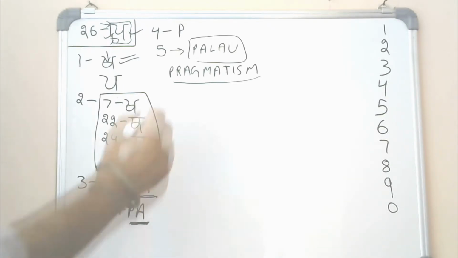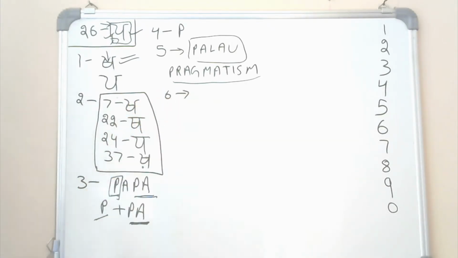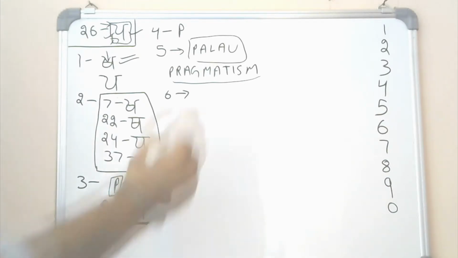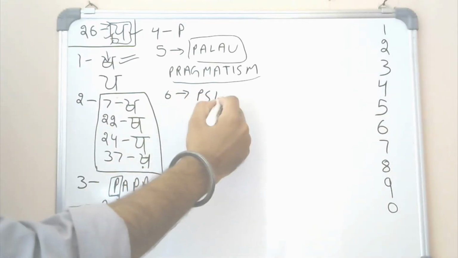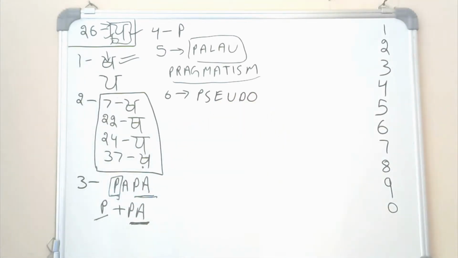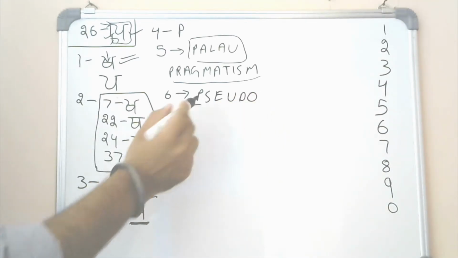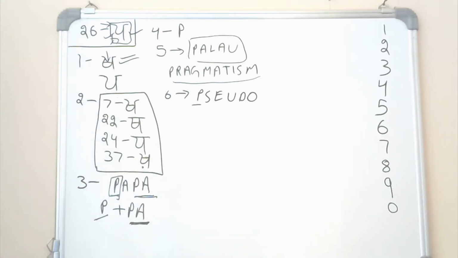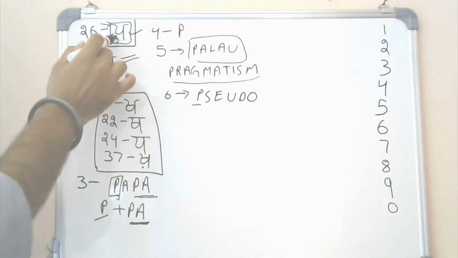Sixth step is wrong sounding words. Wrong sounding words can be pseudo, right? P is silent, so you cannot remember that if the word is starting from P, I will be using this letter always.